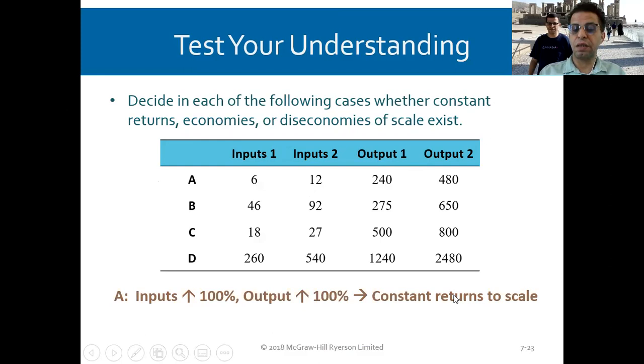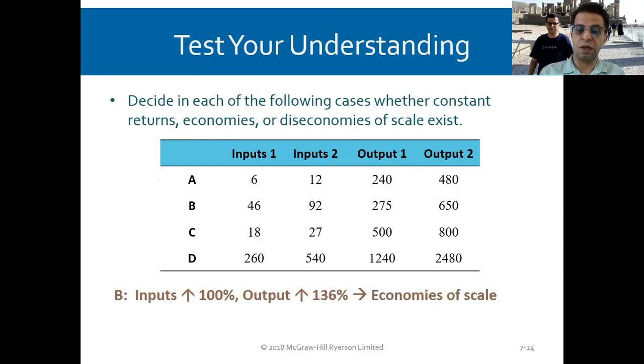So our return to scale is constant. In case B, the input increased by 100%, but our output increased by 136%. So that's economies of scale because the cost became lower by comparison.